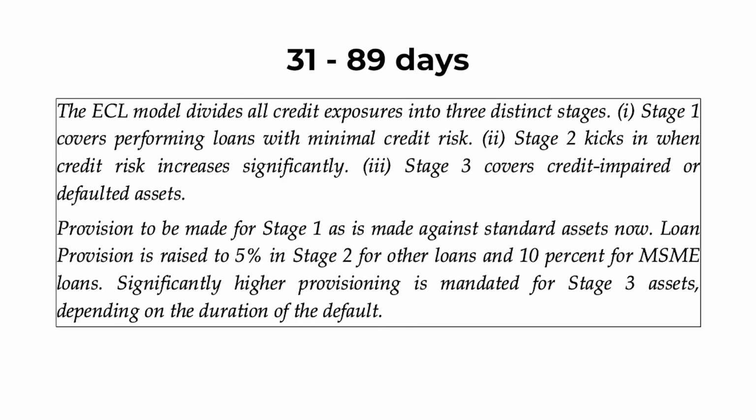But when the loan account is 31 days to 89 days overdue, this is called stage 2. In stage 2, right now, there is no additional provision that we make. Only the standard asset provision is being made, and it runs until the account becomes non-performing, that is, when it completes an overdue period of 90 days.